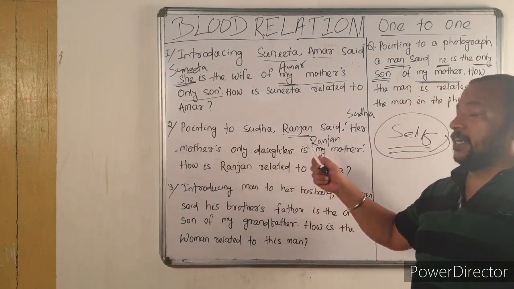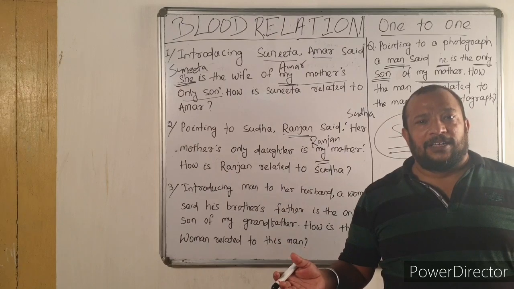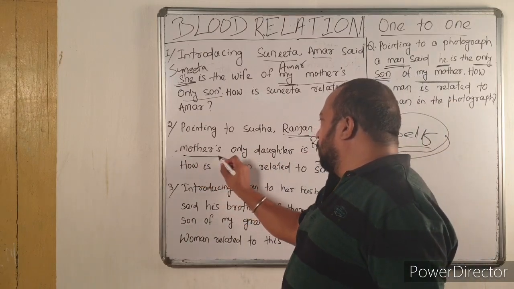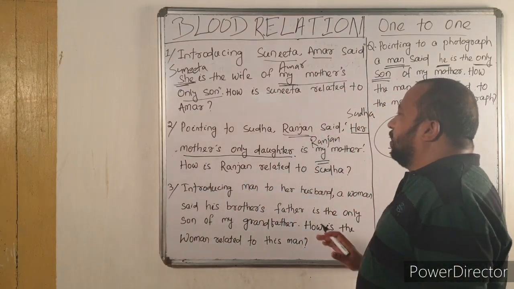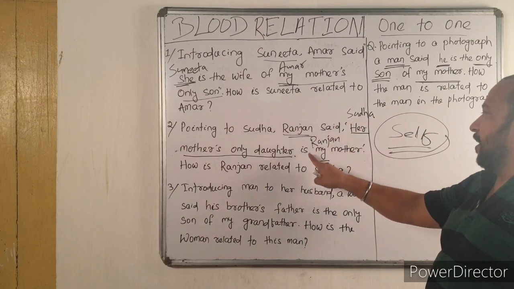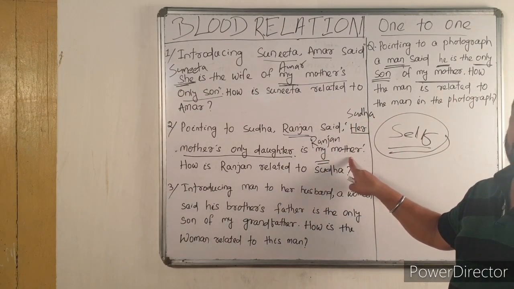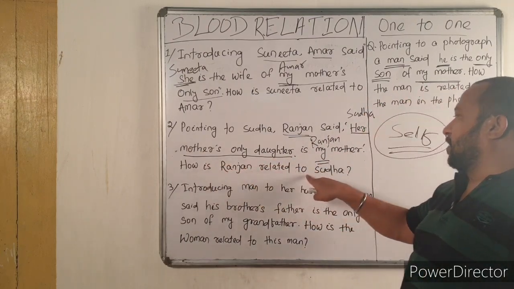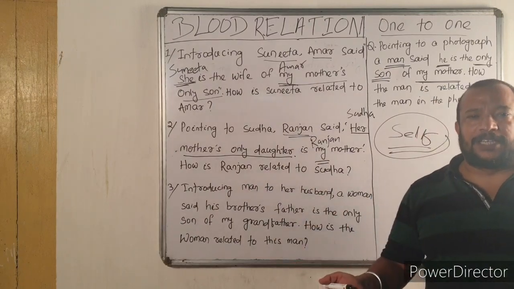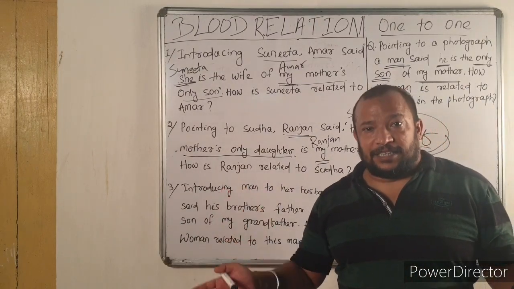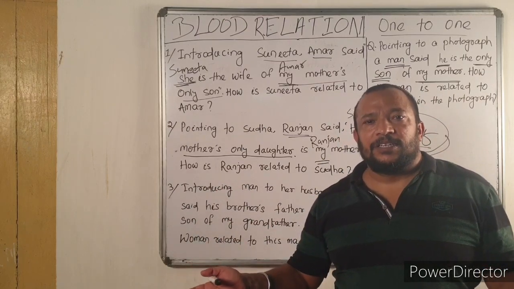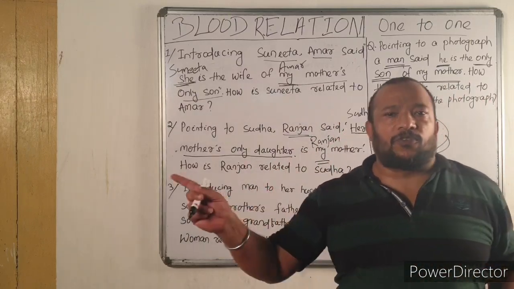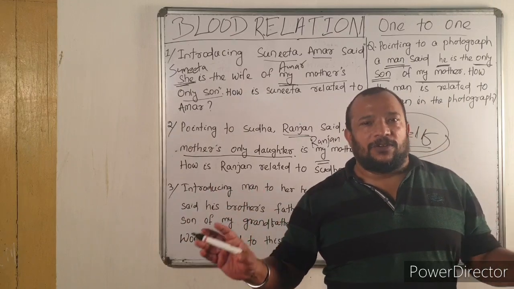Sudha's mother's only daughter is Sudha, so up to here the meaning is Sudha. Now let us read: Sudha is Ranjan's mother. So the question: how is Ranjan related to Sudha? Ranjan is the son of Sudha. So here simply write down the names and move towards the word "only." You'll get the answer. Next.